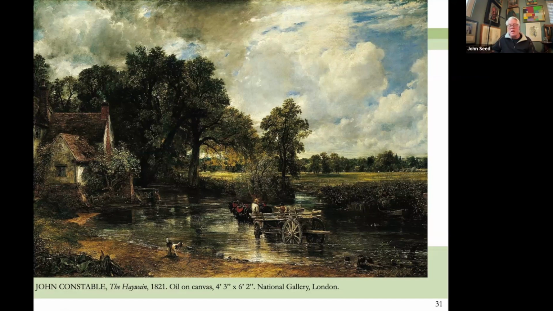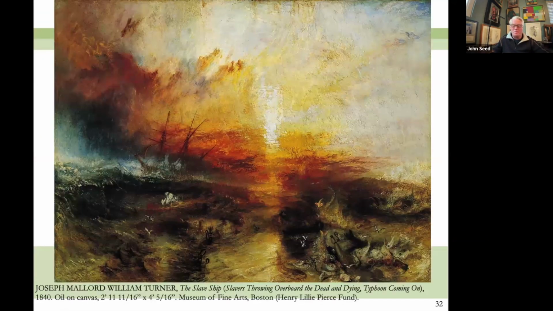So going back to the memory of the man with a hay cart crossing the water after a storm in front of the old house, it really tugged at the emotions of people nostalgic for the changes of Britain. And a fact I love to give people about Constable is he was so dedicated to landscape painting that when he was ill in bed, he'd have his wife bring him broccoli so he could practice painting trees.